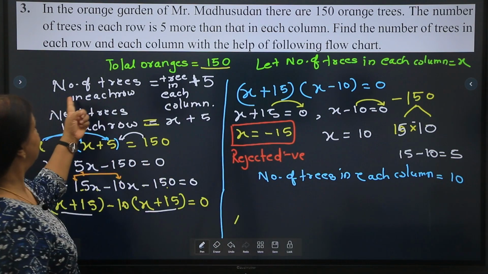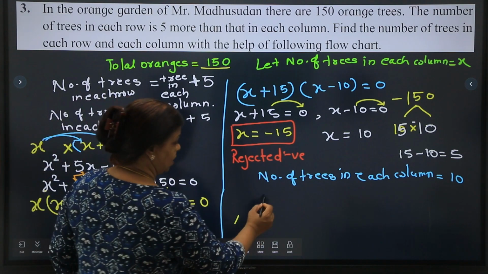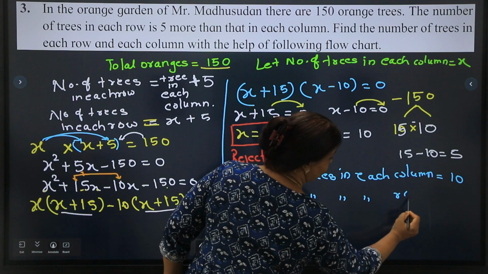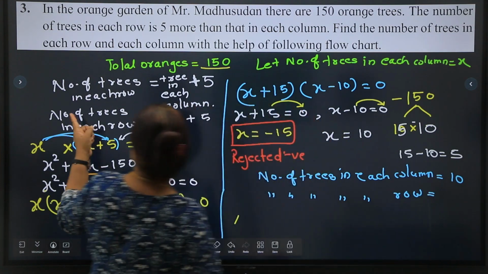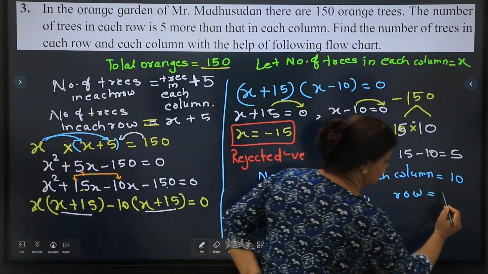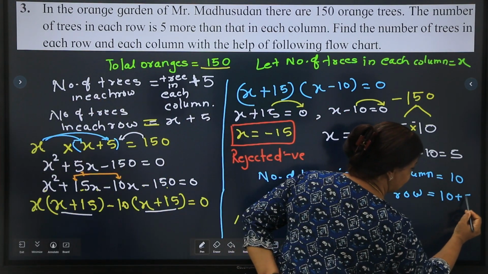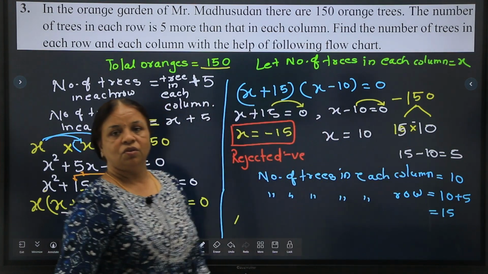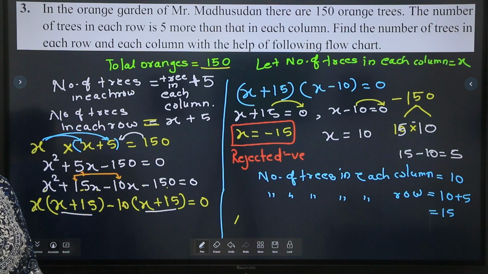So, what will be number of trees in each row? Number of trees in each row is x plus 5. X is how much? 10. 10 plus 5, which is equal to 15. So, you can pause the video and you can solve the sum, children.